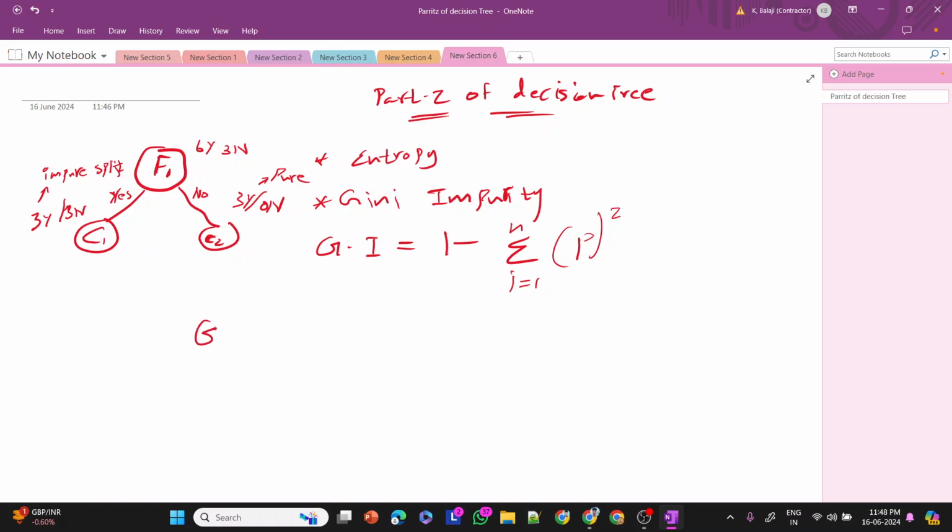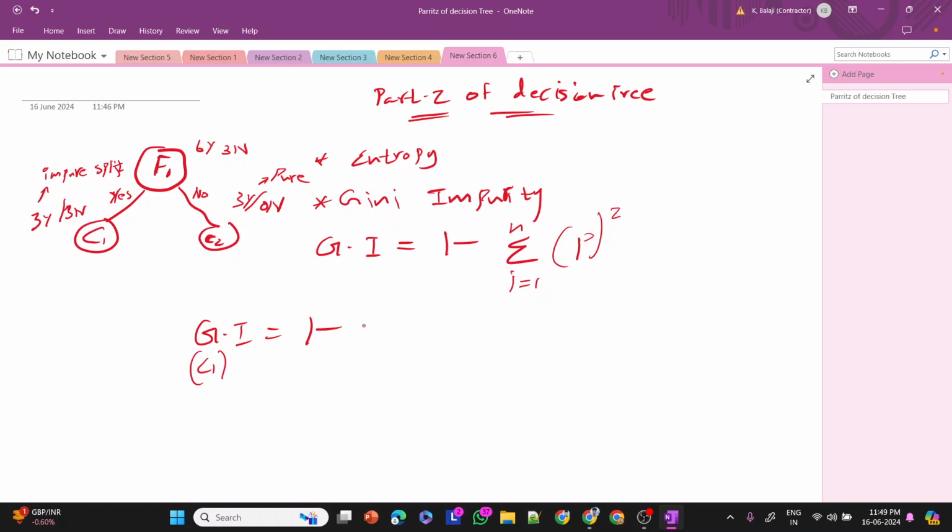Gi equals 1 minus the summation from 1 to n, where i represents the number of classes. Here we have only two outcomes, yes or no, in the output, so we need to use only two conditions. Let's find Gi for C1.